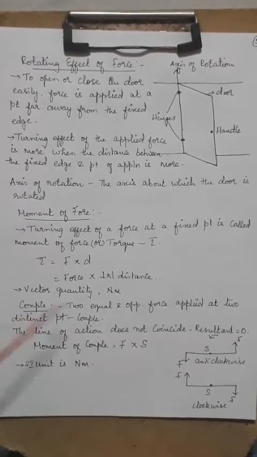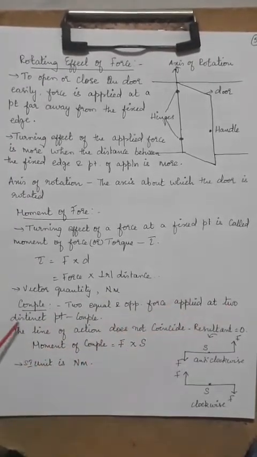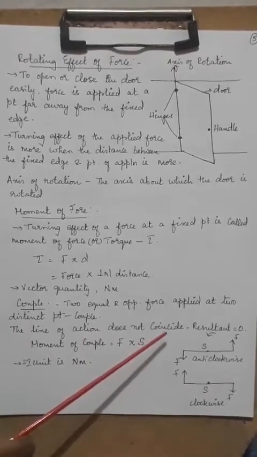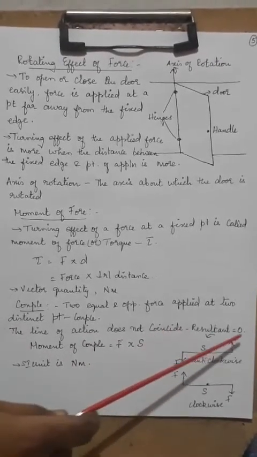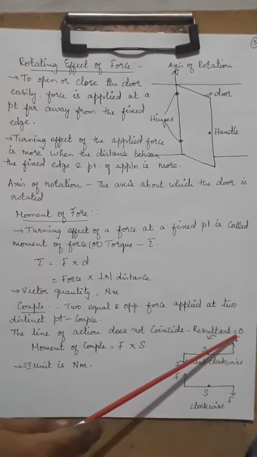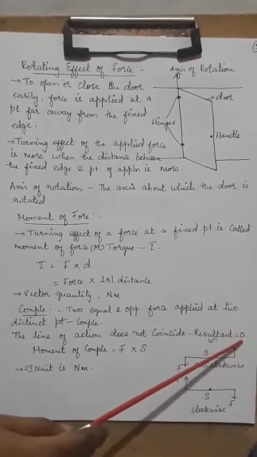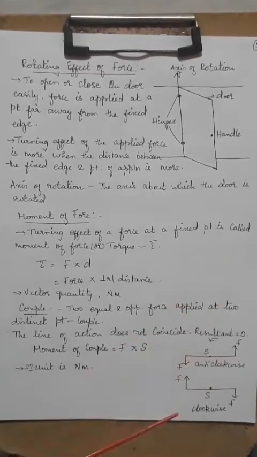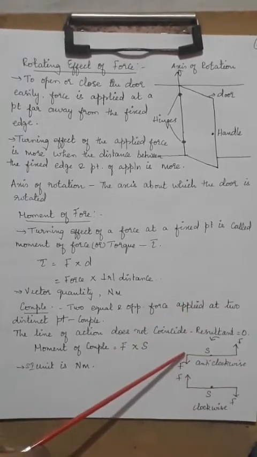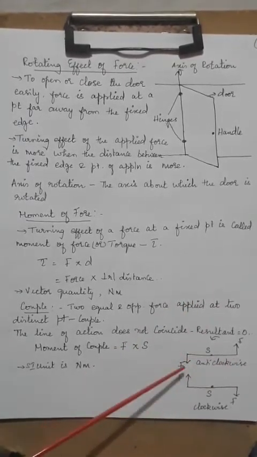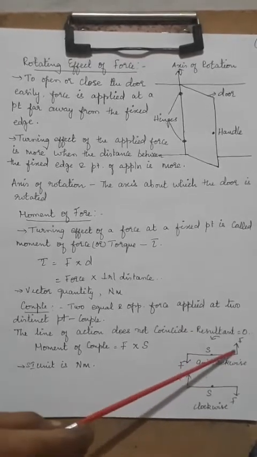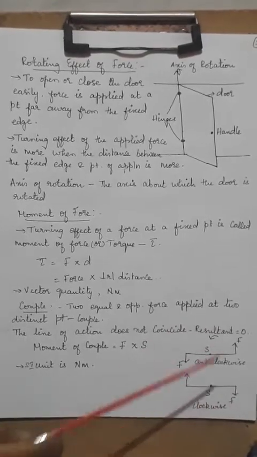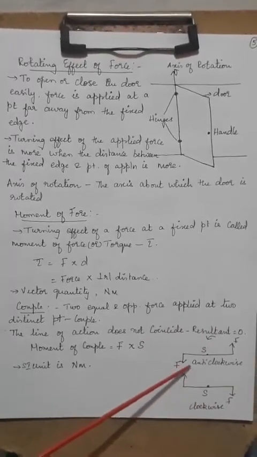As it is stated, at two distinct points the lines of action do not coincide, where the resultant is equal to 0. The meaning of resultant equal to 0 is that it will be in the equilibrium position. If I take this as an example, a couple will have both anti-clockwise moment and clockwise moment. How will I define anti-clockwise moment?